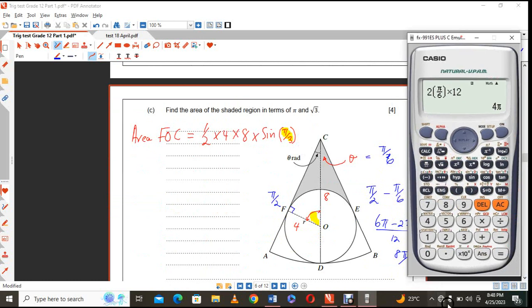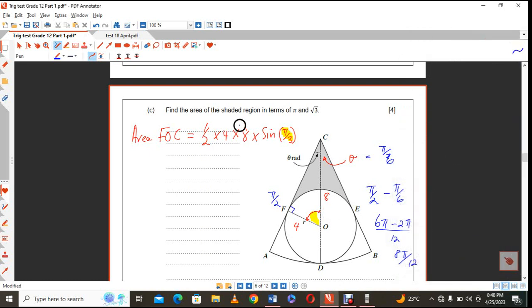So we're going to take shift pi over 2, that's 90 degrees, minus shift pi over 6, that's 30 degrees, and that gives us a third pi. So this is how I get this angle here, which is a third pi.